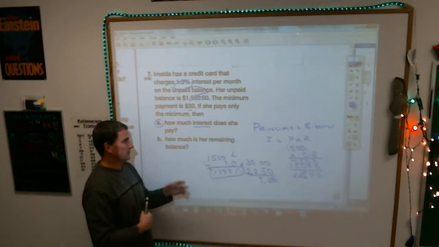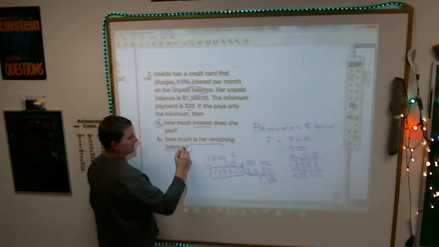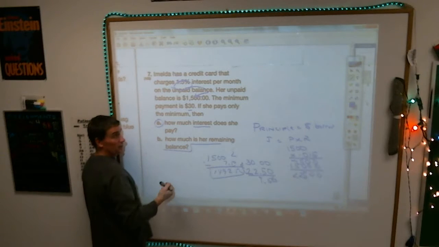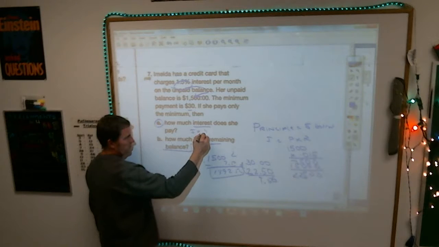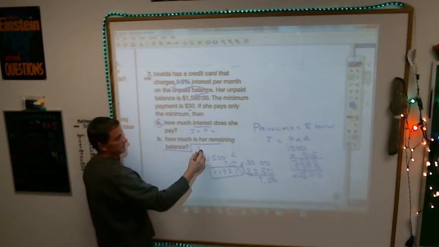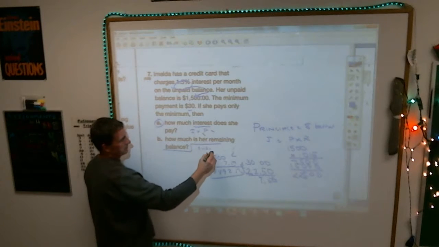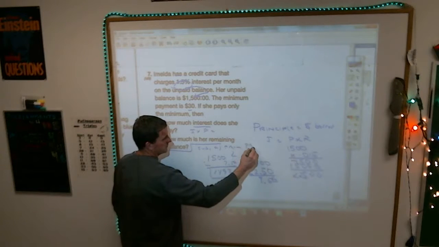But that's not what they asked you. The note to self: it's not that hard. Multiply the interest rate times the principal to get this answer. On this one, you just subtract that answer, A, from the original principal.